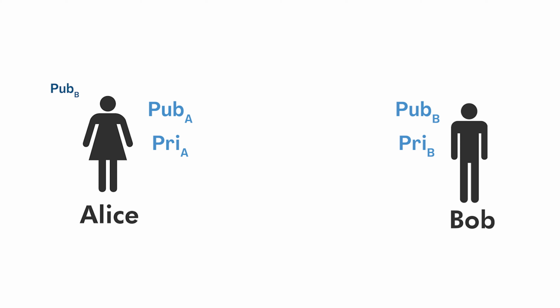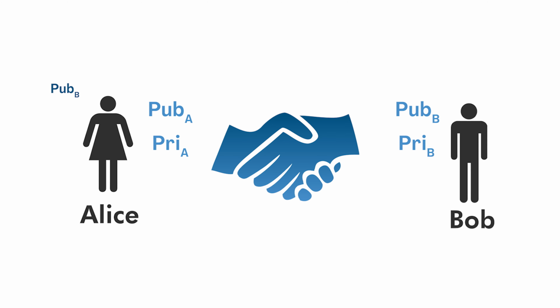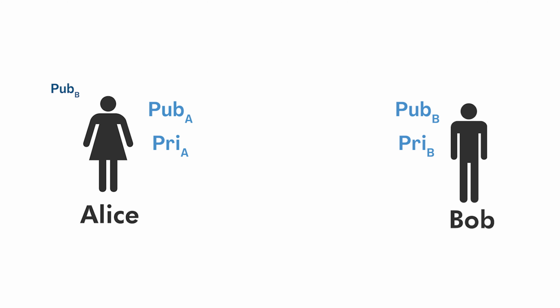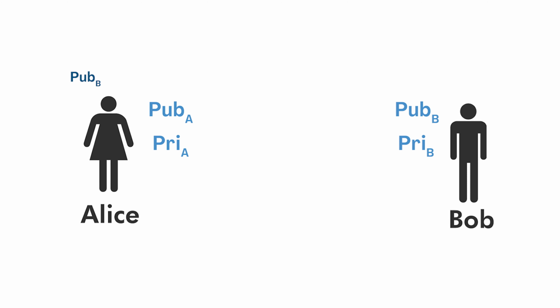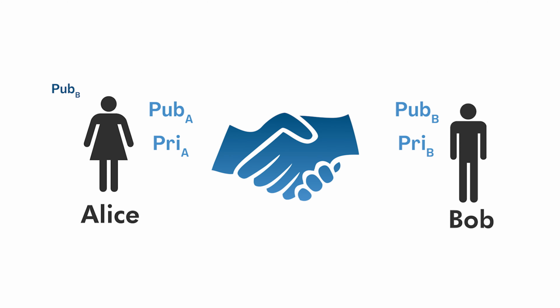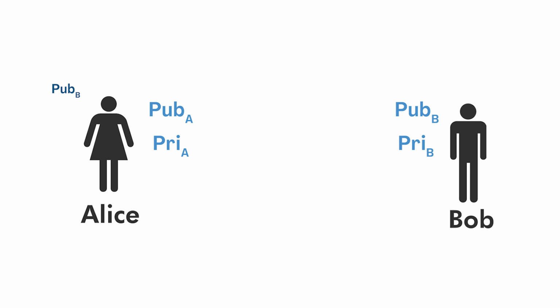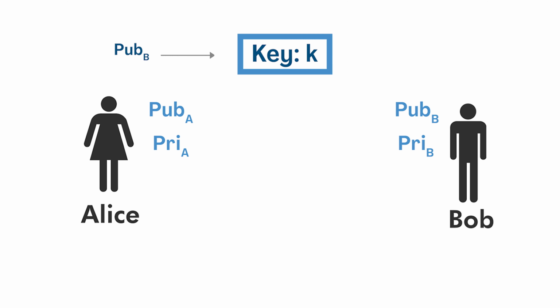Usually, the session keys or symmetric keys are exchanged through a handshake, where one of the parties decides on or generates a session key, and then uses the other party's public key to encrypt that key and send it to the other party. For example, Alice and Bob can do a handshake, and then Alice can decide some session key K, and then use the public key of Bob to encrypt that key and send it to Bob.